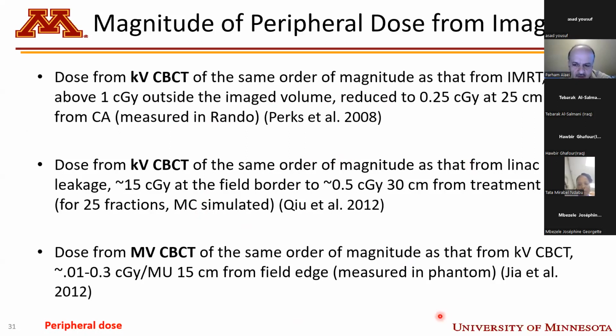And then the other one from GIA, megavoltage to kilovoltage is the same. So the bottom line is the magnitude of peripheral dose is very similar to what we get from the head leakage from a LINAC or from scatter. So it's not higher, but it adds to what you had before. So basically you double or triple your peripheral dose to the patient.